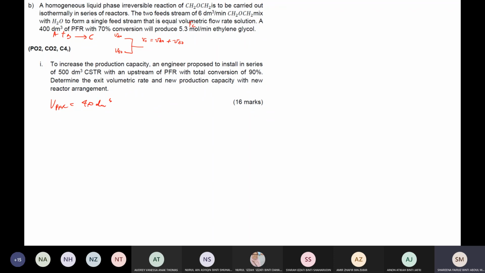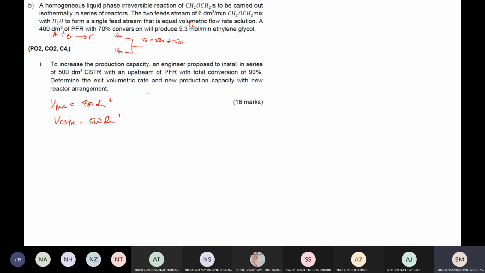It is also stated that the CSTR is 500 decimeter cube, with total conversion of 90%. Determine the exit volumetric rate and new production capacity with the new reactor arrangement.